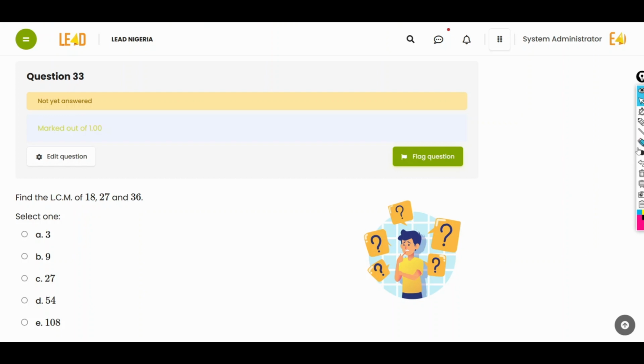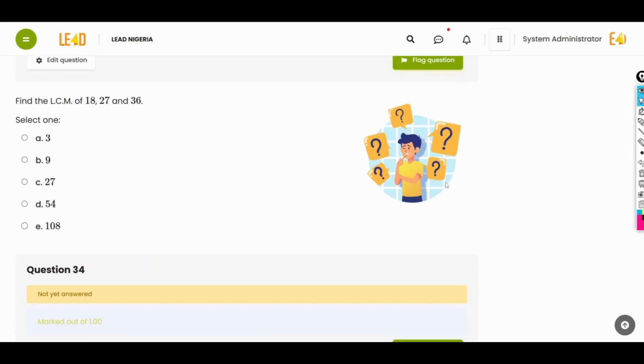Okay, question 33 says, find the LCM of 18, 27, and 36.